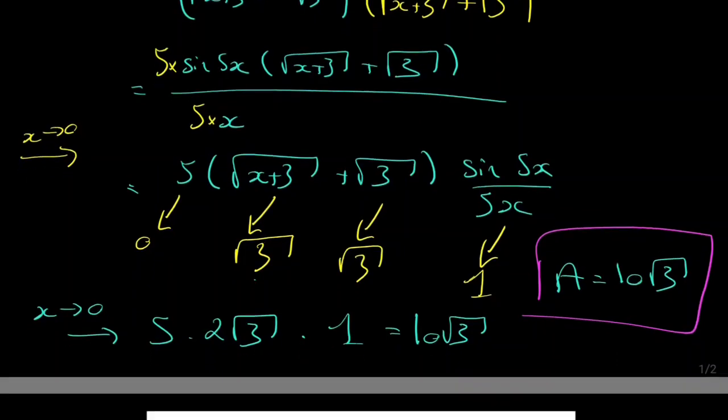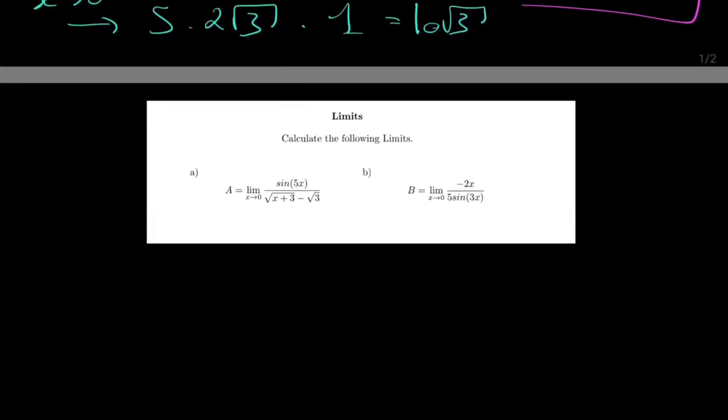Perfect. Now the second one, which is a lot easier. We have the same thing, okay? So sinus of 3x over minus 2x. What will we want to do?